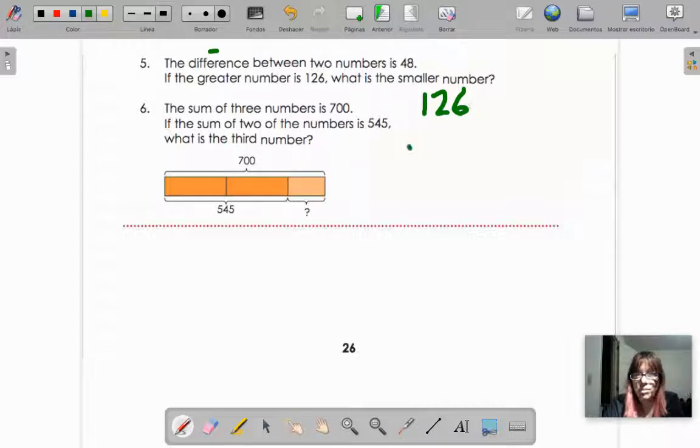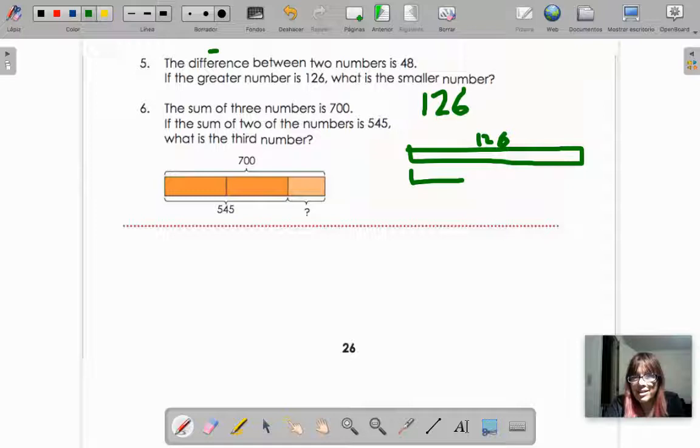Let's do it with a bar so you can see. So they are telling us, okay, that we have 126. And they are telling us that the difference between two numbers is 48. They are saying that one of the numbers is 48. Okay? Yeah? And they are saying this is one of the numbers.